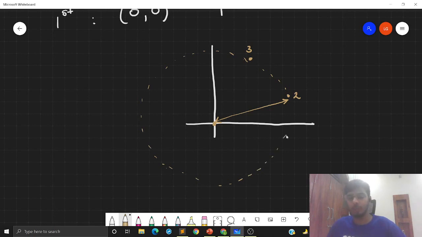Why are we talking about integral points? In the problem, we were given that the coordinates of these points are integral. So it might feel that we can figure out the integral coordinates of point 2. However, on this circle, there can be several possible integral coordinates, right? And then how will we decide which one to take?